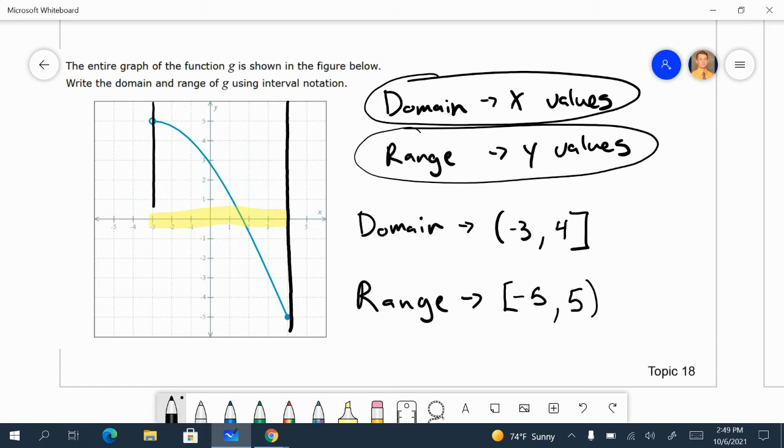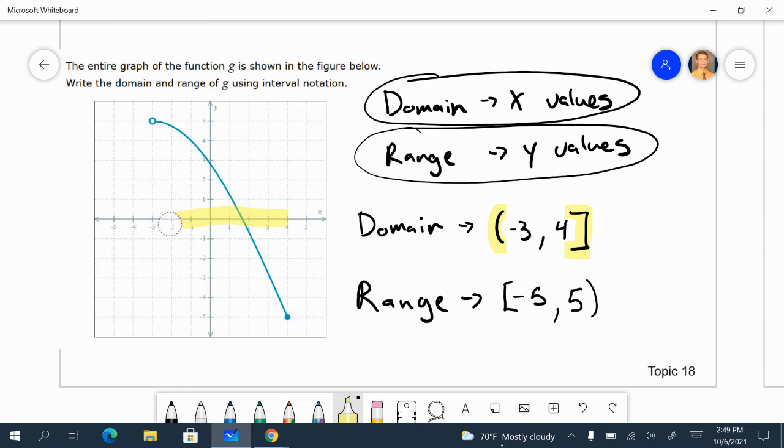Everything is contained within those x values. So how would I write that out? Well, this one here is an open circle, so I would have to use my parentheses for that. This one over here is a closed circle, so I would use my brackets for that one.